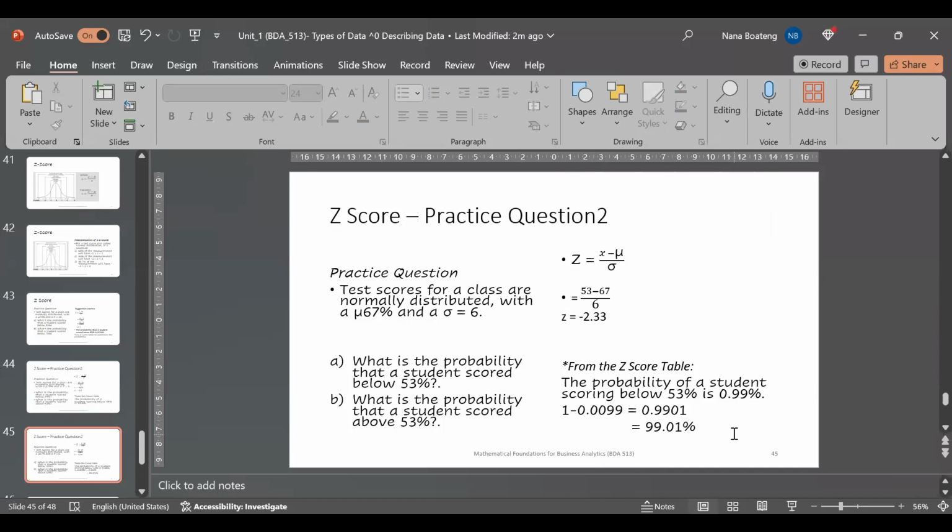I want to confirm something. Looking at what we've just done, I can see some reflection here. If you calculate for the below and you get the figure, you can use it to get the above on the probability table. Is that right?